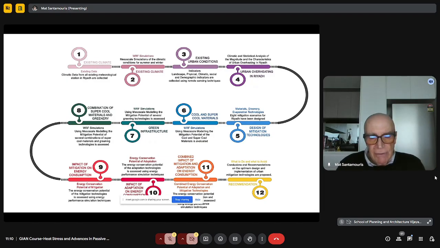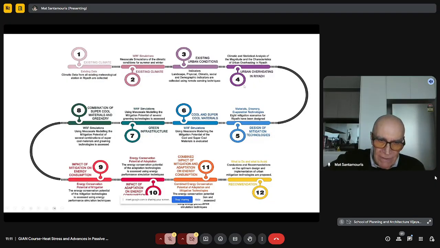Then we had to evaluate the impact of these mitigation technologies in the city. And the very first calculation and assessment had to do with the impact of mitigation technologies on the energy consumption. We calculated the energy conservation potential of the mitigation technologies using some advanced building simulation procedures.